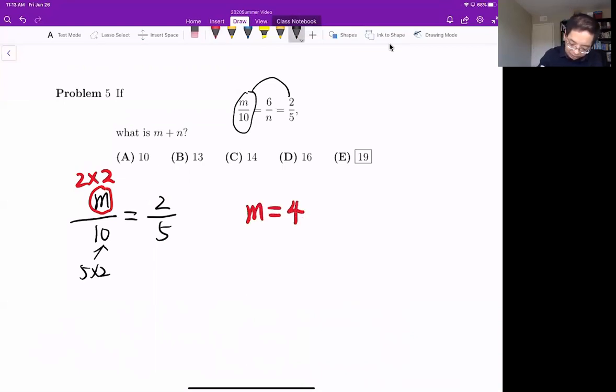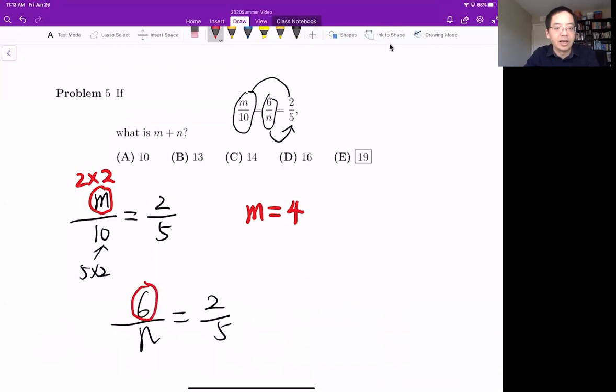Now we look at the next one. This is also equal to 2 over 5, so I have 6 over n equals 2 over 5. Looking at the numerator, 6 is 3 times 2. Accordingly, the denominator has to be 5 times 3, in order to get rid of this common 3.